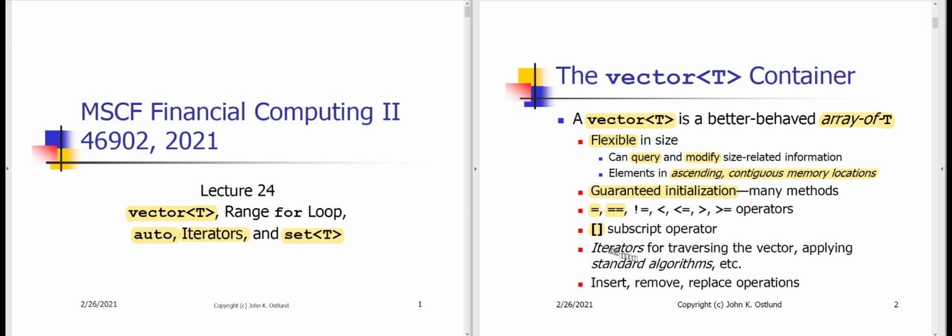And we also have these things called iterators that we'll talk about shortly, that allow you to step through the items in a vector and also apply standard algorithms that are part of the standard library to a vector. And we have a bunch of member functions we can use for inserting values into vectors, removing values from vectors, replacing values in vectors, etc.